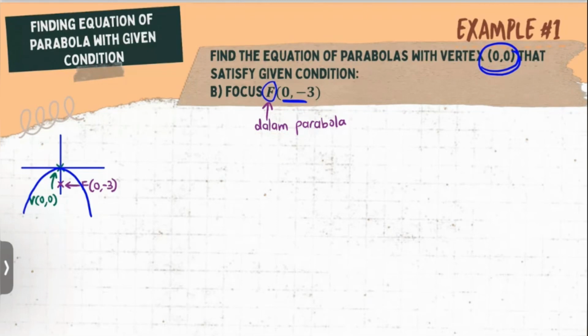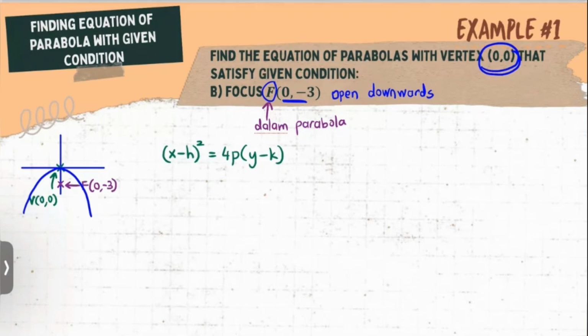So apabila fokus berada di 0, -3, kita open downwards. So kalau dia open downwards, what should we do? The equation will be x minus h squared equals to 4p y minus k. Okay, so we are going to use this formula.